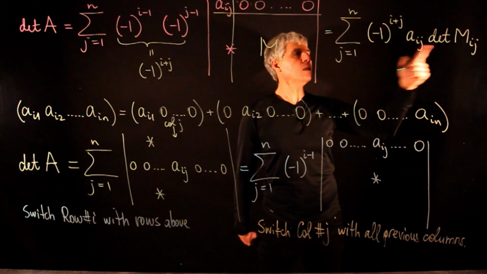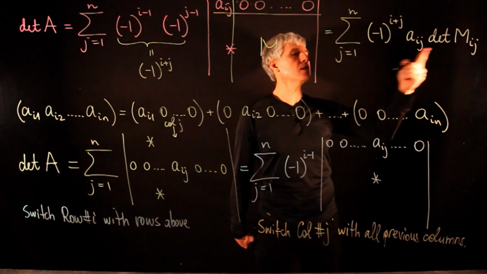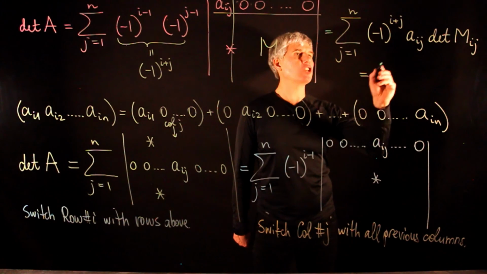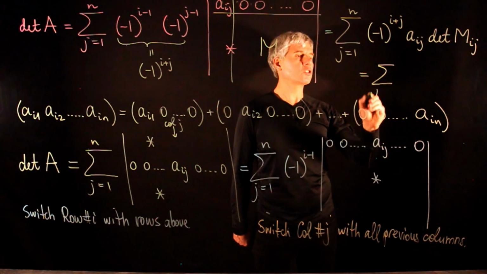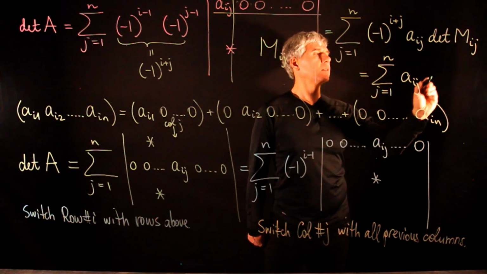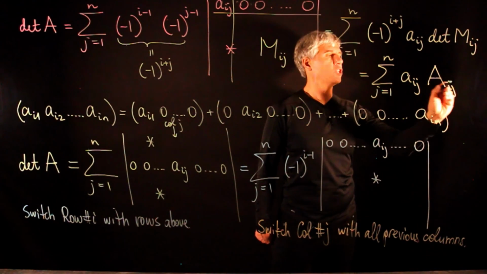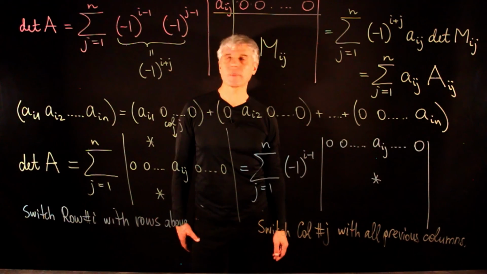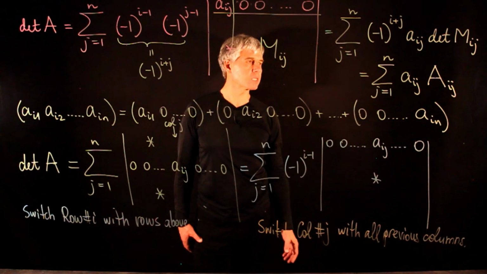But this expression is precisely our cofactor of aij. So we have the sum j goes from 1 to n, aij times cofactor of aij. This becomes a very useful formula for the determinant of a square matrix.